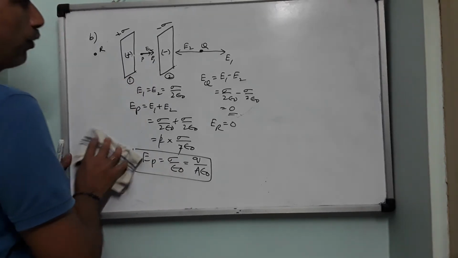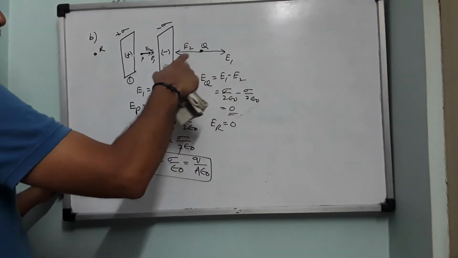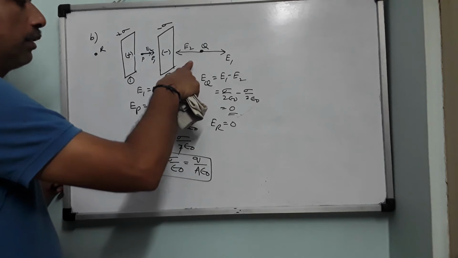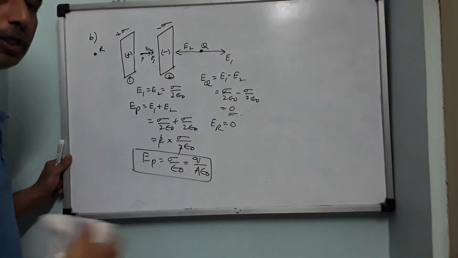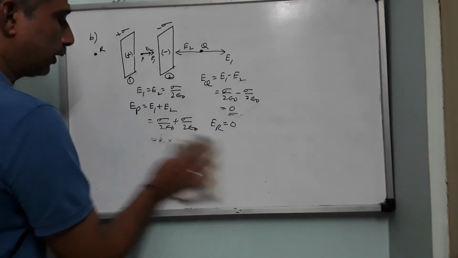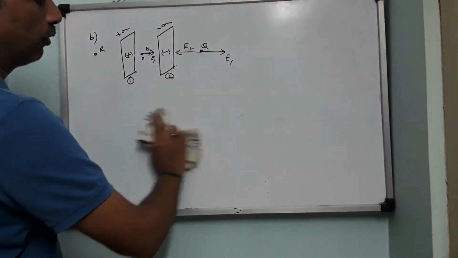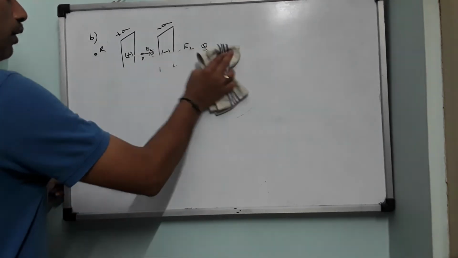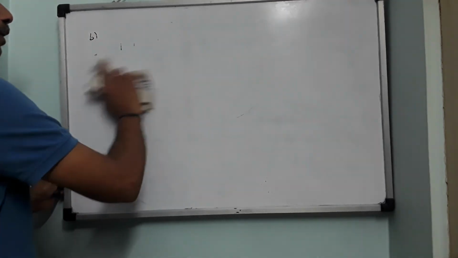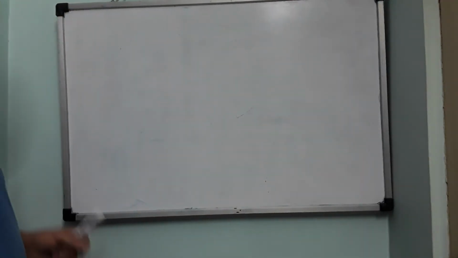If you have another plate here which is positively charged and you are asked to calculate electric field at any point, the concept is the same. Irrespective of the distance, every plate will produce the same electric field. Only thing you should keep in mind is that a positive charge produces electric field radially outwards from it, and a negative charge produces electric field radially inwards.